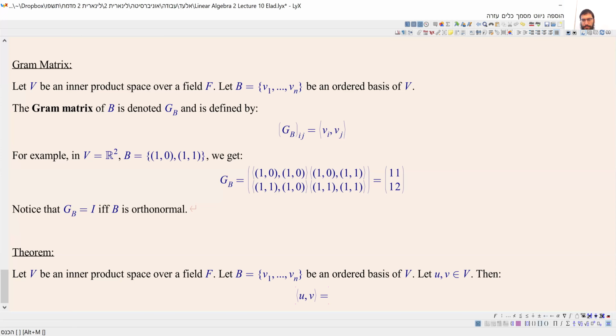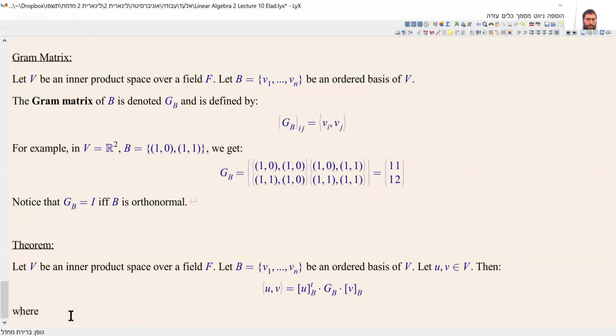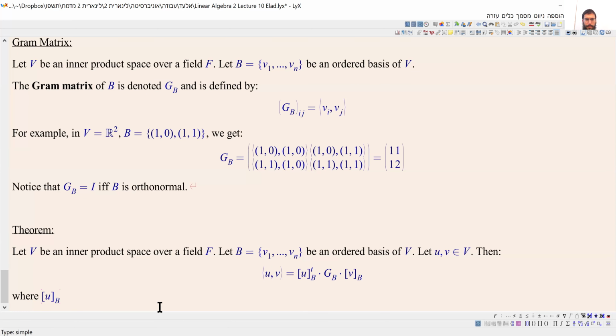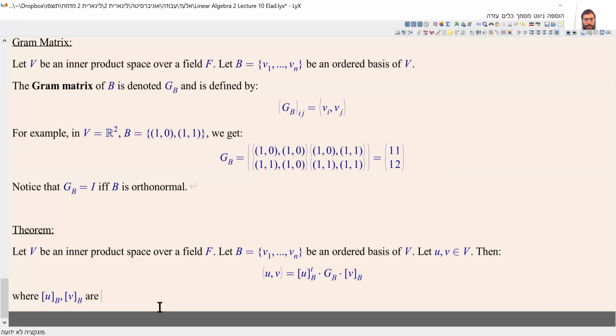It is the coordinate vector of u transposed, multiplied by the matrix GB, multiplied by the coordinate vector of v, where uB and vB are the coordinate vectors of u and v.